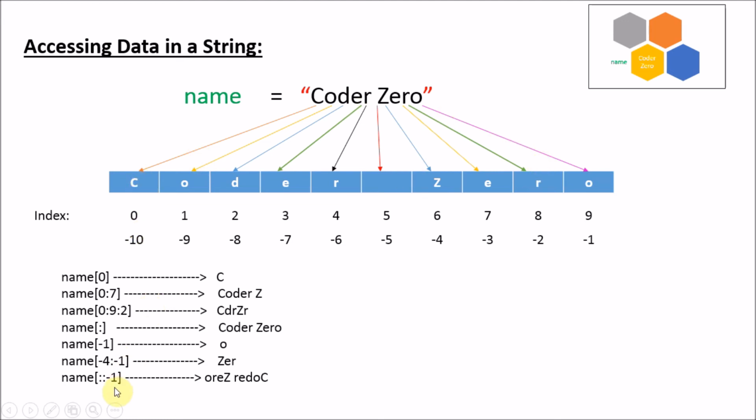But when you give a negative value as step value, the pointer will move in a backward direction, from the end of the string to the start of the string. As here nothing is given for starting and stopping index value, Python will consider everything, the whole string, then it will start from the end of the string to the start of the string in a backward direction.